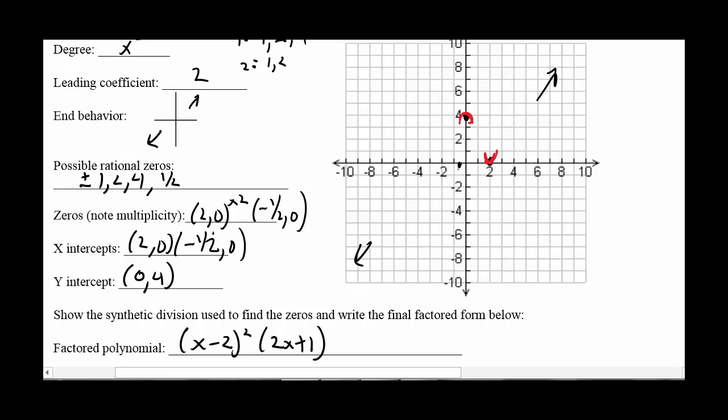I know it's got to cross there. I know it's got to wiggle through there. Alright, so let's connect our graph in a smooth, continuous fashion. So cross, curve around, and bounce. So our graph looks about like that.